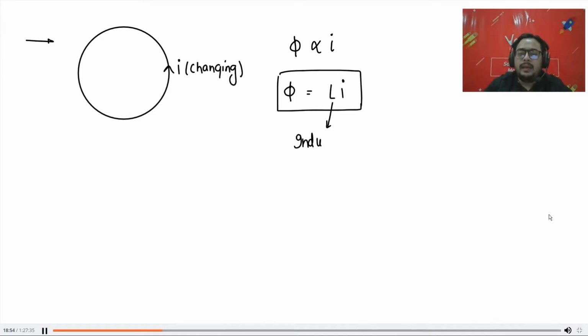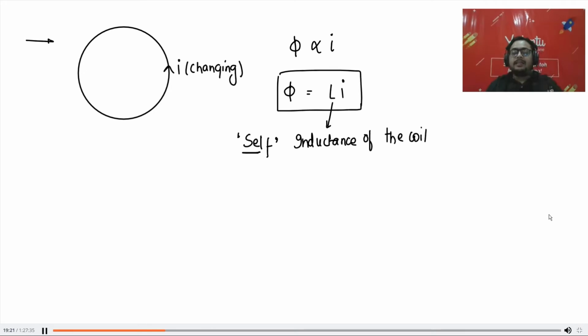Here L is called the inductance of the coil, and rather we say it self-inductance. Can you tell me why I'm using self? Because it is opposing the change in flux due to its own current change.